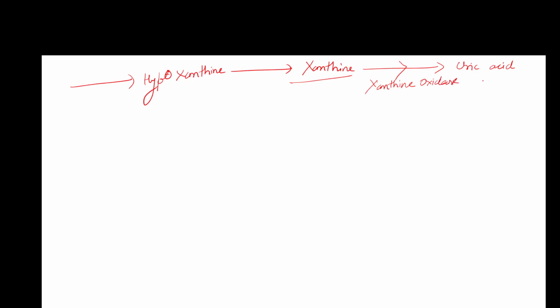And this uric acid further gets converted into urate crystals, which get deposited in our joints and cause gout disease.